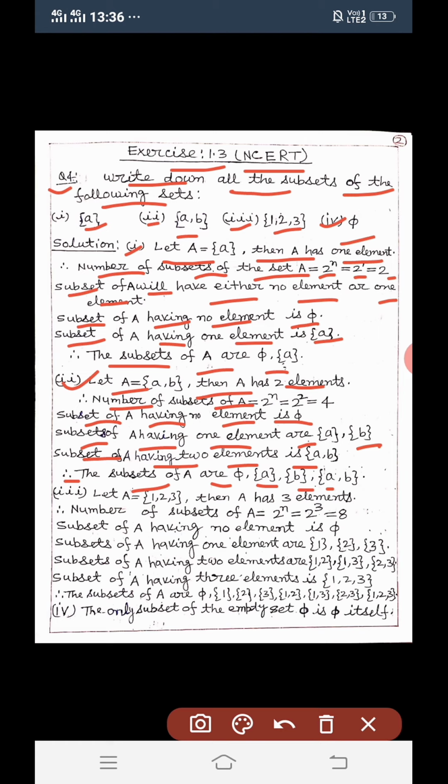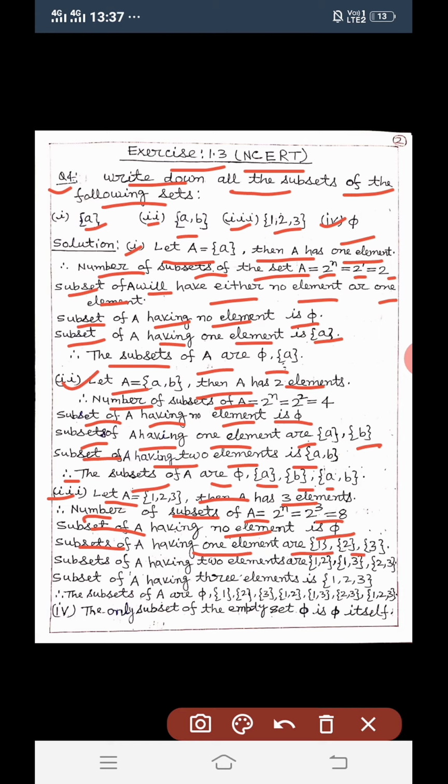Third, let set A equal to {1, 2, 3}. Then A has three elements. The number of subsets of A equal to 2 to the power 3 equal to 8. Subset of A having no element is phi. Subsets of A having one element are {1}, {2}, {3}.